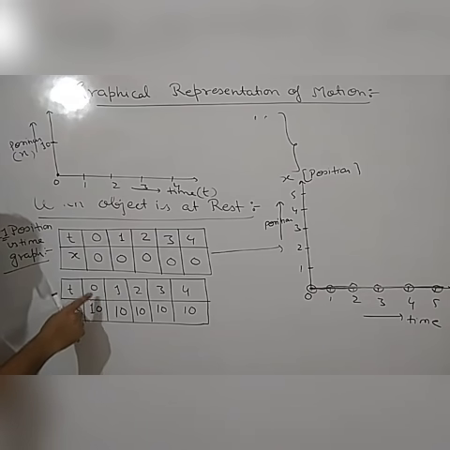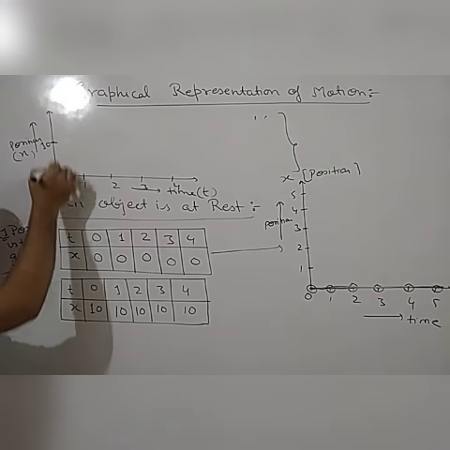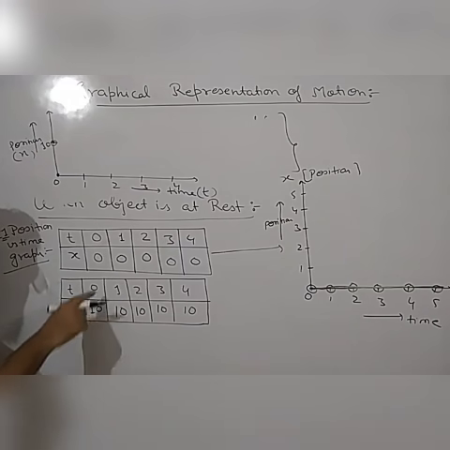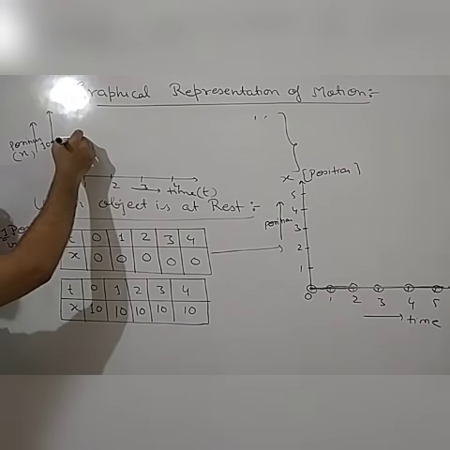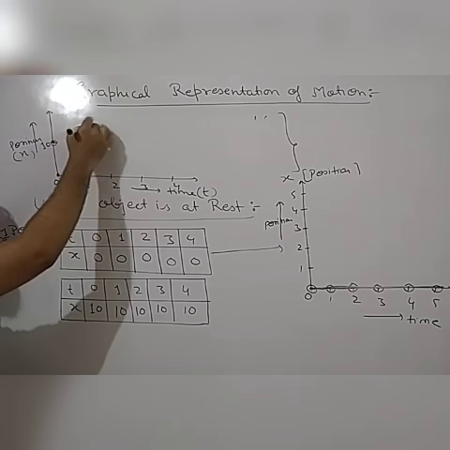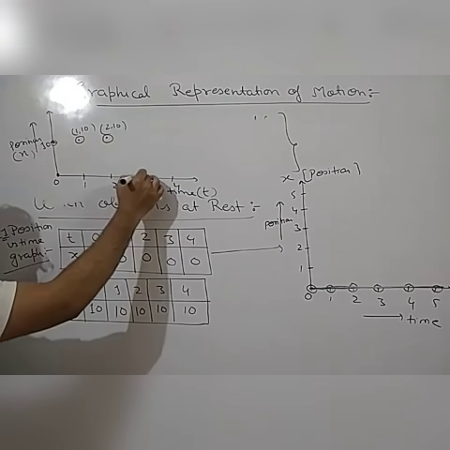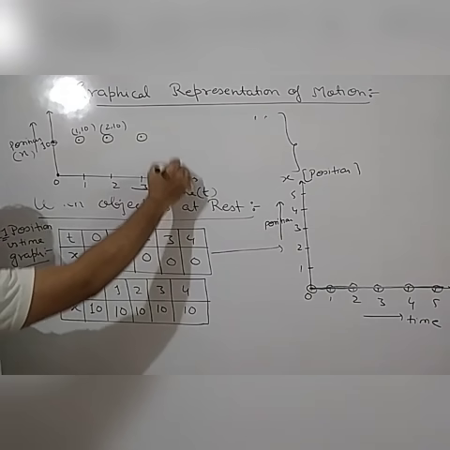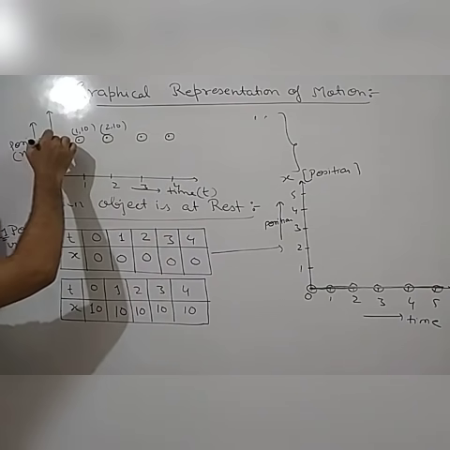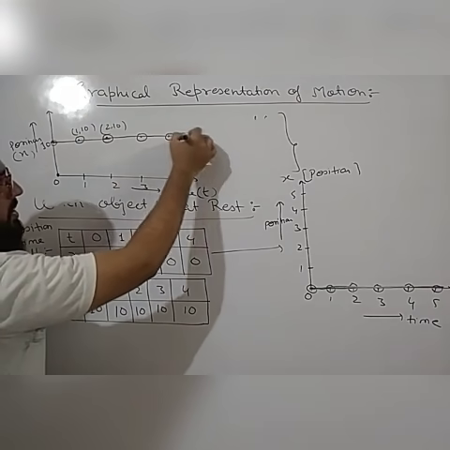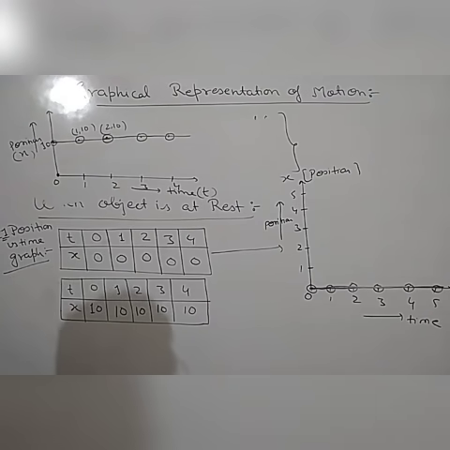Zero is indicated on the x-axis and at that point we move up to 10. Again 1, 10. Then 2, 10, 3, 10, 4, 10. If we join all these points, it will be a straight line parallel to the time axis, and it will be the position-time graph of this case.